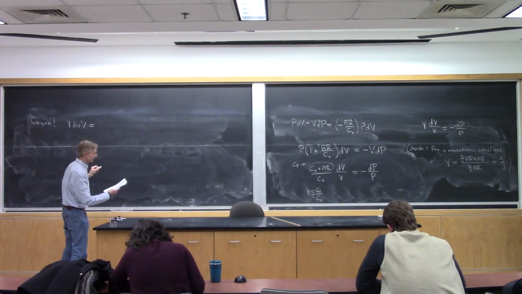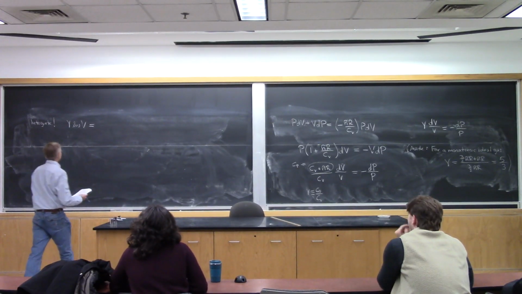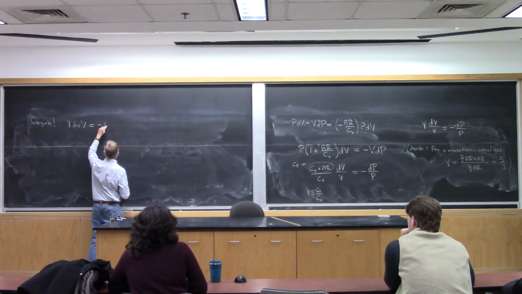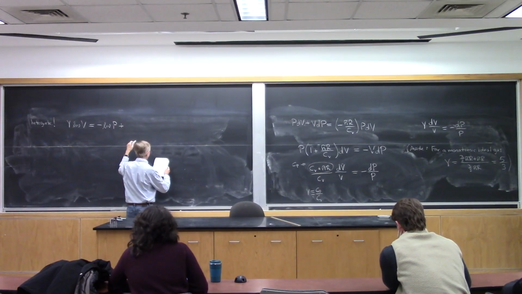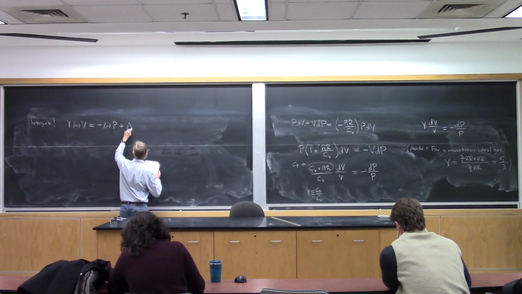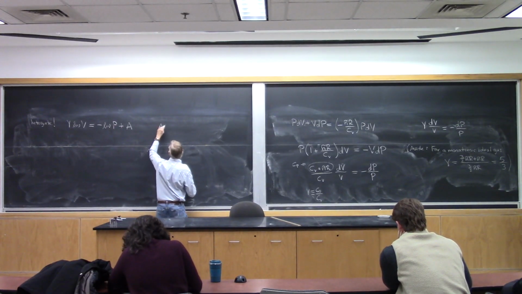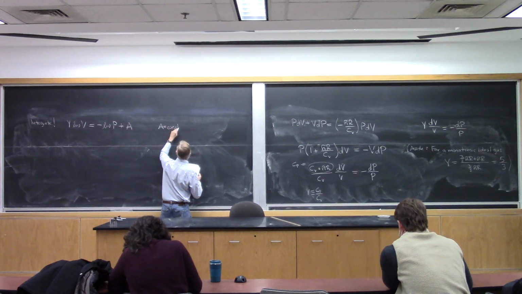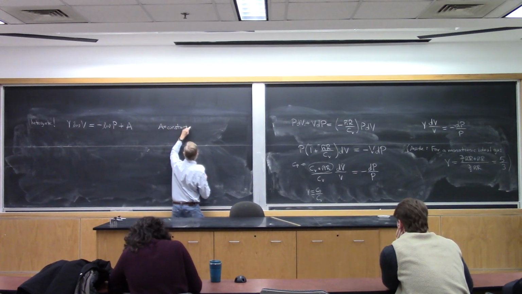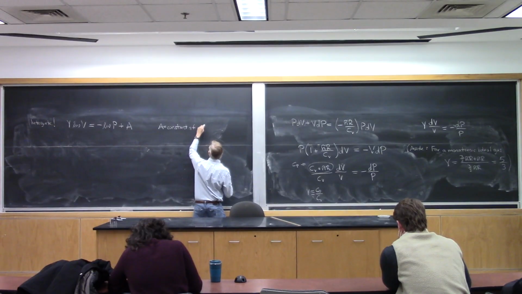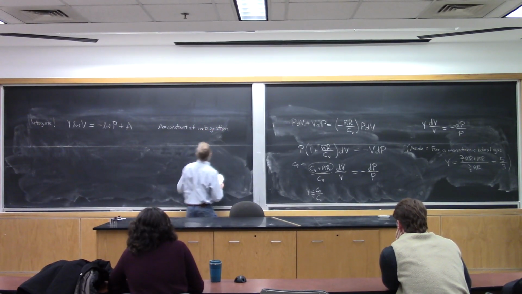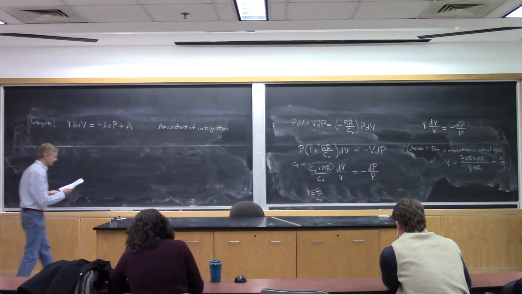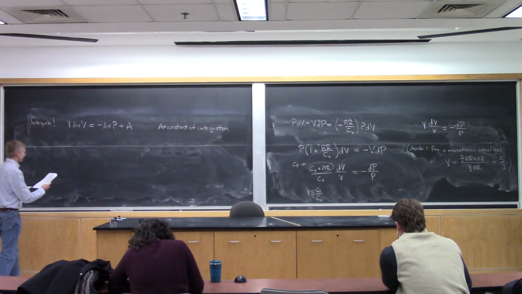On the right side, we'll have minus natural log P. And then we'll have to throw in an integration constant because I'm doing this as an indefinite integral. So A is our constant of integration here.